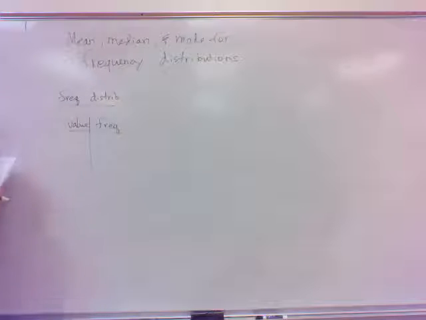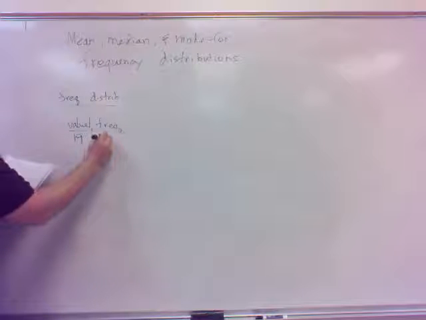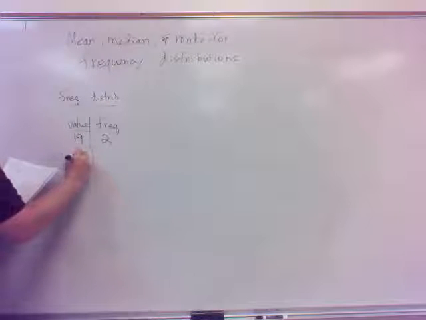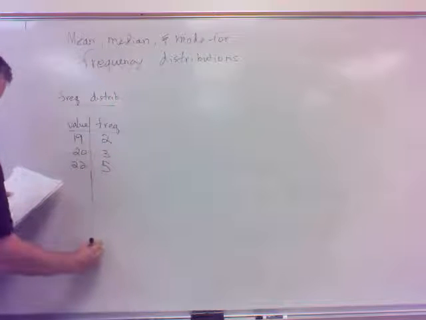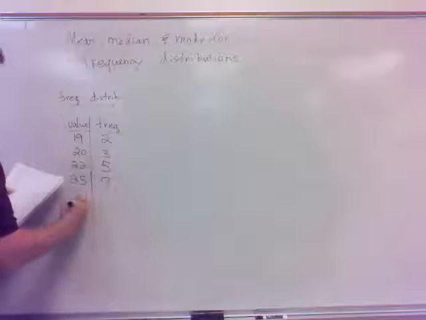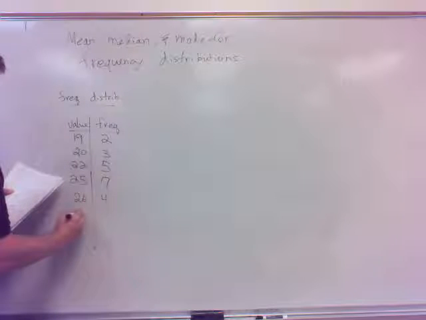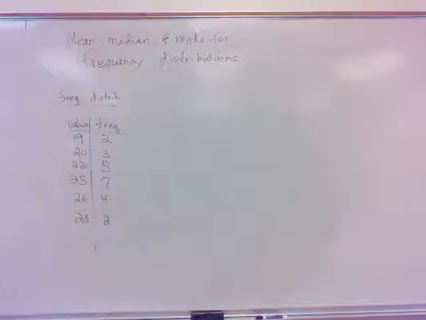For example, I could do this one, 19, frequency 2, 20 has a frequency of 3, 22 has a frequency of 5, 25, frequency 7, 26, frequency 4, and 28, frequency of 2.